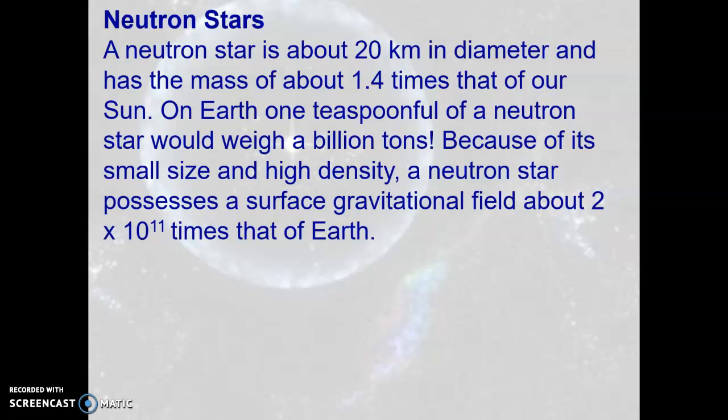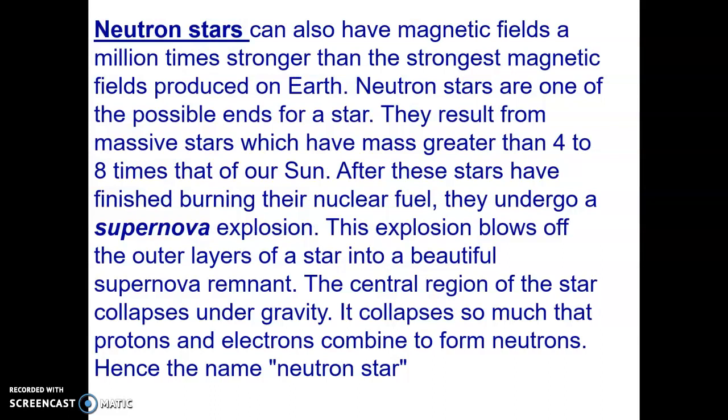Not here. It's been packed in there tight. So the gravitational field is, boy, that's a lot of zeros, 11 zeros times that of Earth. That's not 2 billion, not 2 trillion. That's a lot of zeros. Neutron stars can also have magnetic fields 1 million times stronger than the strongest magnetic fields produced on Earth.